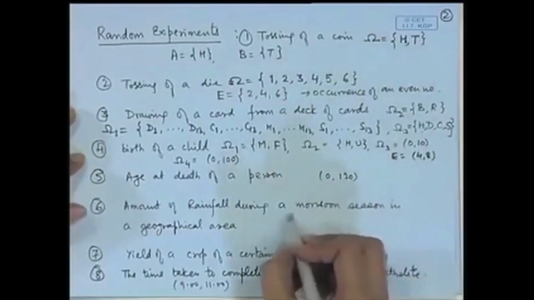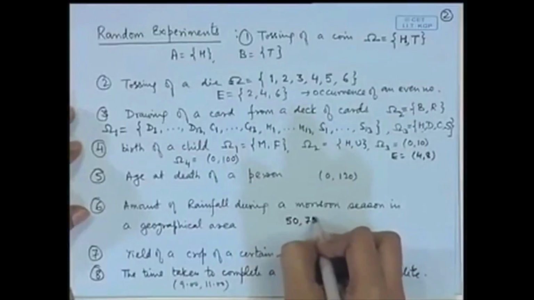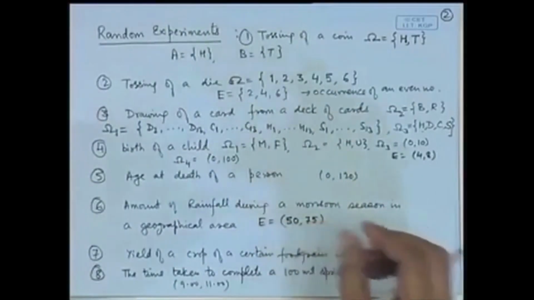If we look at the amount of rainfall in centimeters during a particular monsoon season, and we put say 50 to 75, that means the actual rainfall is between 50 and 75 centimeters in that geographical area during that monsoon season. So any subset of the sample space can be considered as an event.